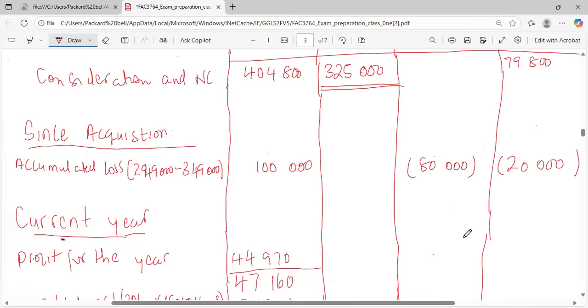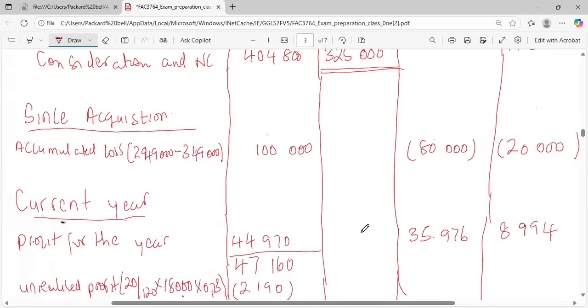So what belongs to the group is 44,970 times 80%, which is 35,976. Then what belongs to NCI is 44,970 minus that, so it's going to be 8,994 on the profit for the year.